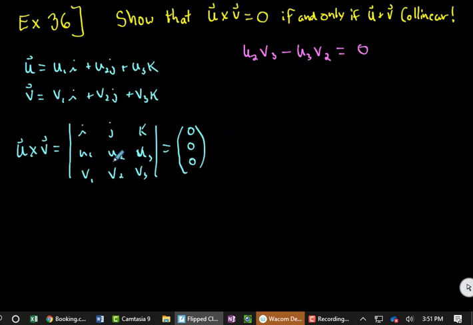Our j component, we put our hand over here and take minus this times this, or we can switch the order, so it would be u3 v1 minus u1 v3. That would be equal to 0. And the last one, u1 v2 minus u2 v1, equal to 0.